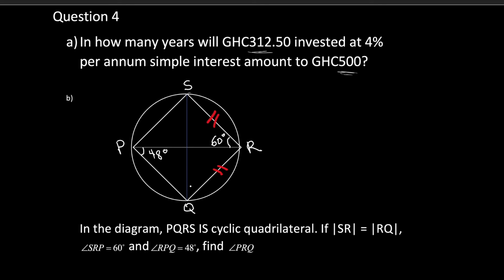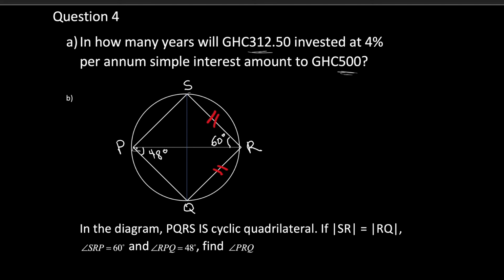So then we can say that triangle SRQ is an isosceles triangle. The angle SRP, which is this angle, is 60 degrees. And then the angle RPQ is 48 degrees. So we are finding angle PRQ, which is this.